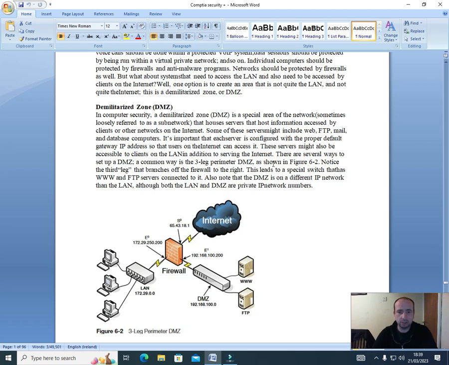In addition to serving the internet, there are several ways to set up a DMZ. A common way is the three-leg perimeter DMZ, as shown in figure 6.2. Notice the third leg that branches off the firewall to the right. This leads to a special switch that has WWW and FTP servers connected to it.